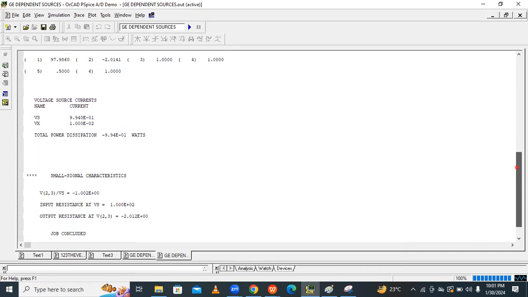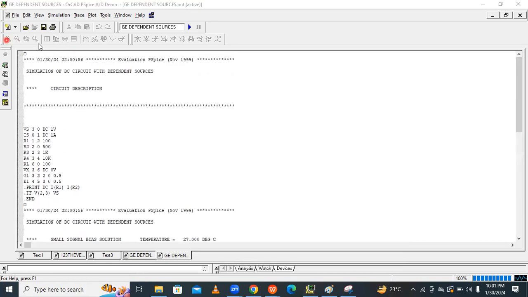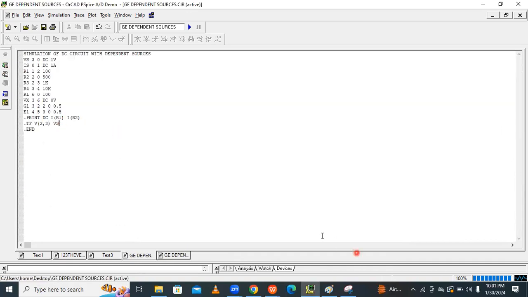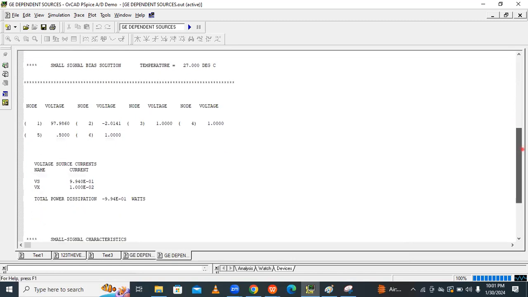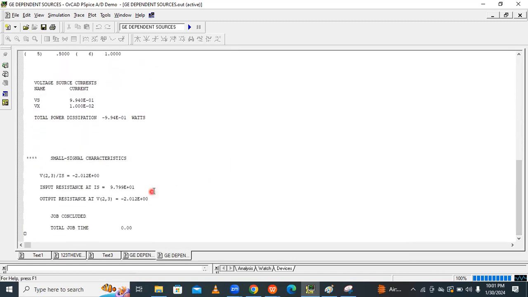If I consider the current source Is as the input instead of Vs, then save and simulate, we will get another value of input resistance. From the source side, the previous value was 100; now the input resistance is 9.79 into 10 to the power of 1, that is 97.99 ohms.